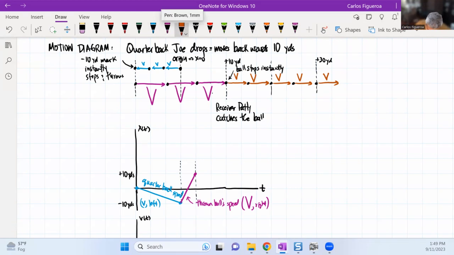And then the ball is moving faster than the blue, but not as fast as the orange here, as the runner. So let's say that this has to be less of the speed. So now this is the receiver's speed. And that speed is higher than the blue, but it's going to the right.